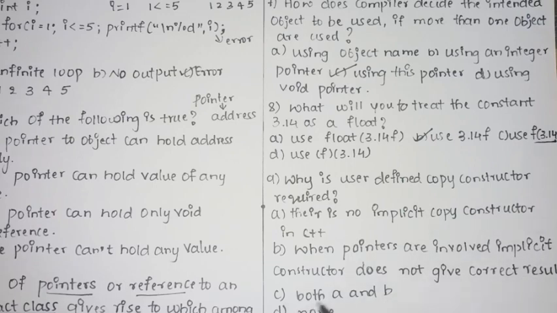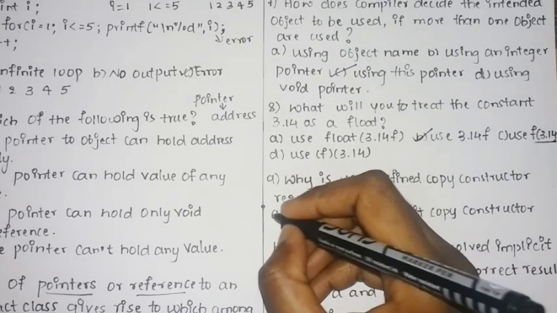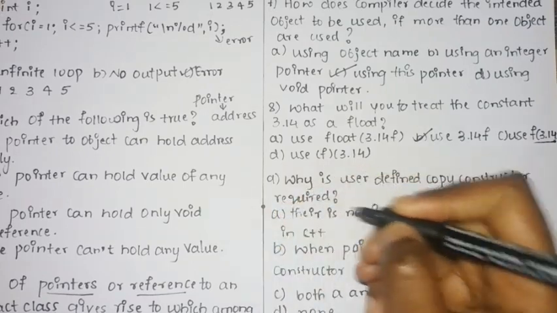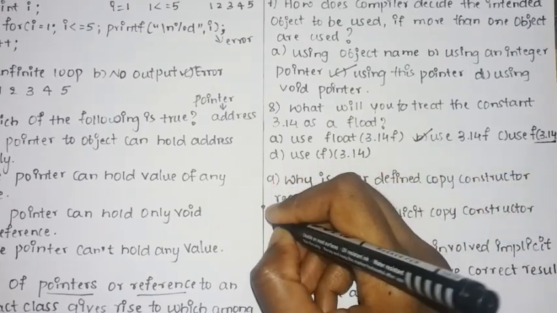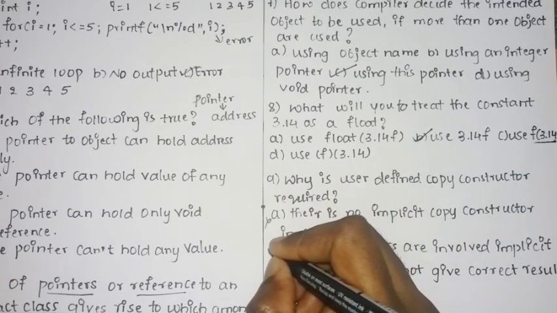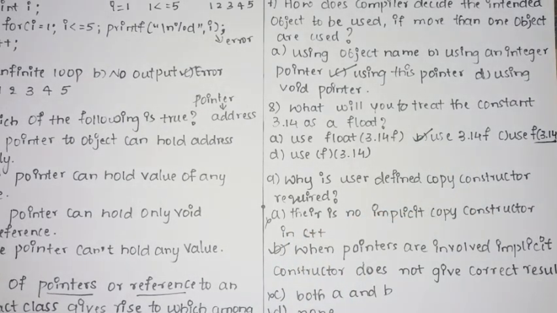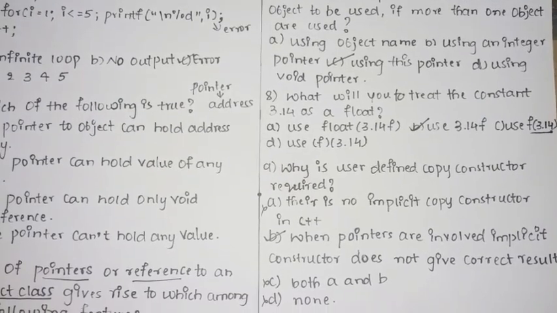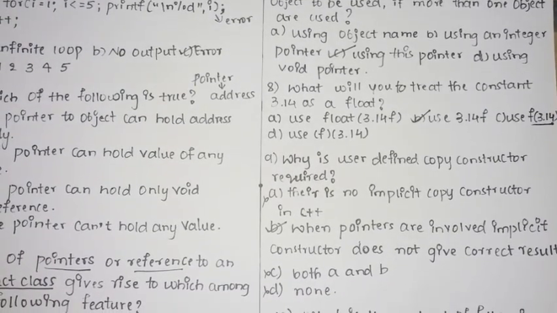Option C: both A and B. Both A and B cannot be the answer, because A is wrong. So this is eliminated, this is eliminated, and this is also eliminated. Option B is remaining. So when pointers are involved, the implicit constructor does not give the correct result, and option B is the correct answer.